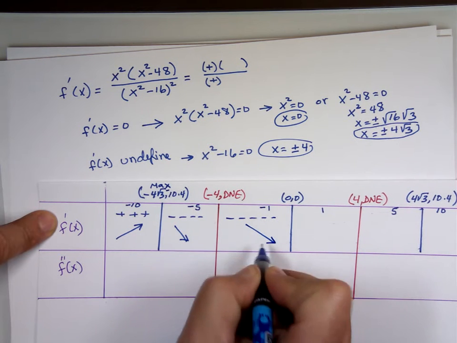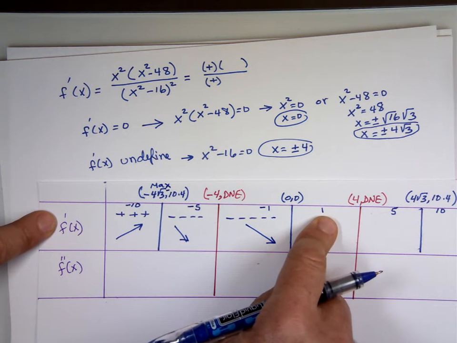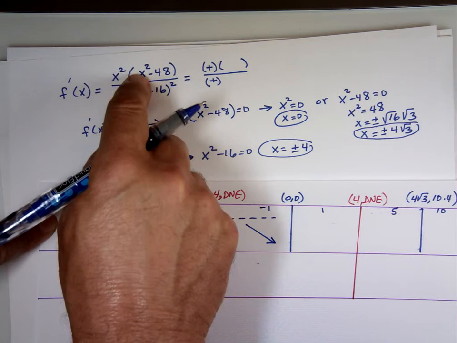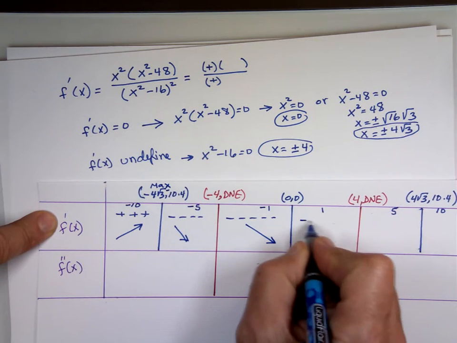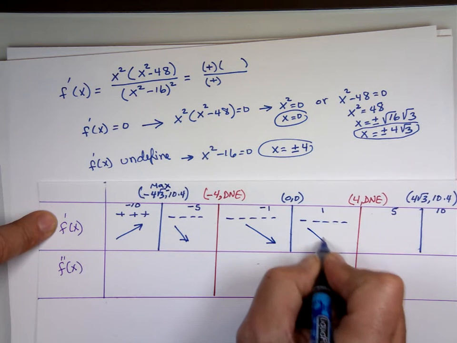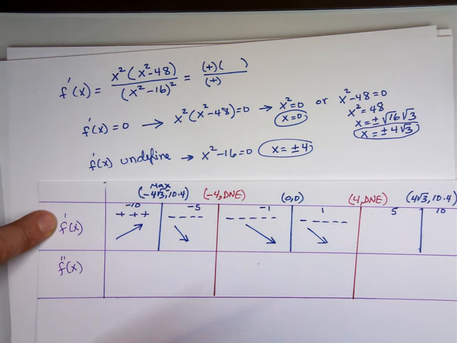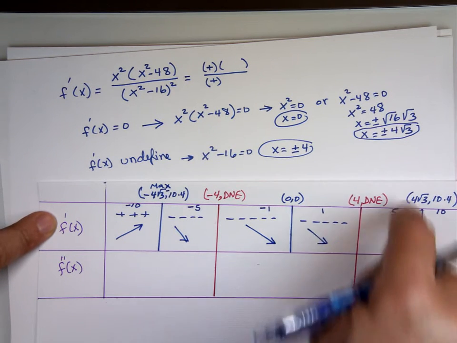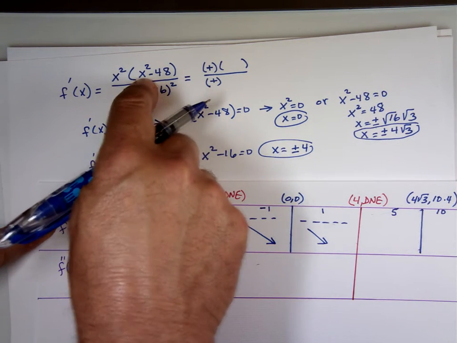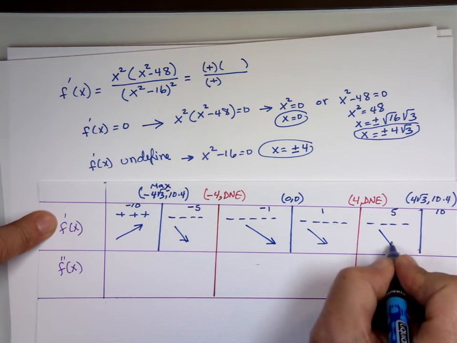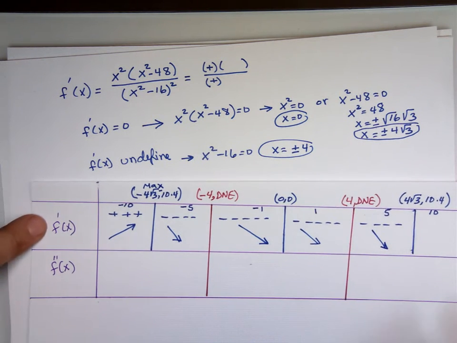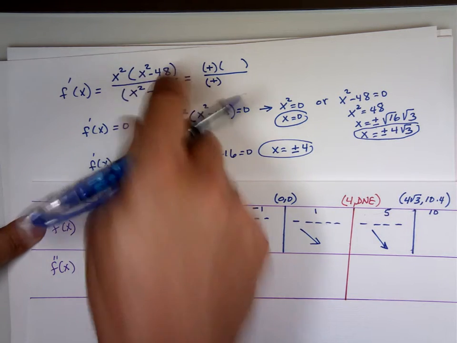When you put a 1, that's 1 minus 48? Negative. That's still decreasing. That's not a min or a max. A hole here. Let's try the 5. 25 minus 48, negative. Decreasing. Let's try the 10. 100 minus 48, positive. That's increasing.